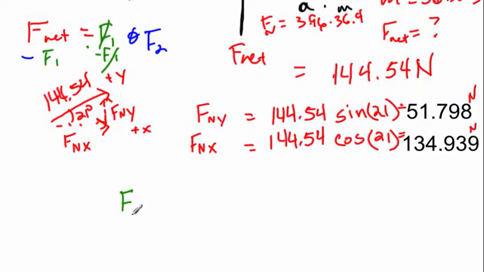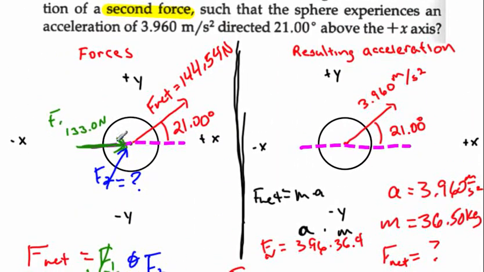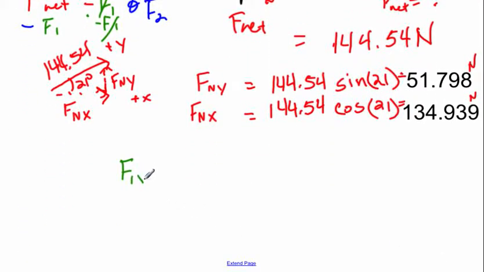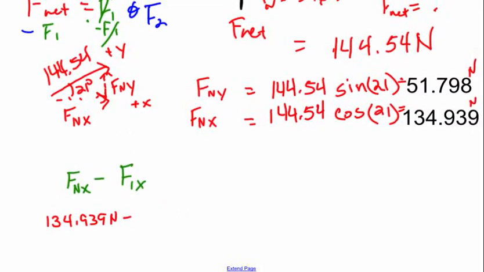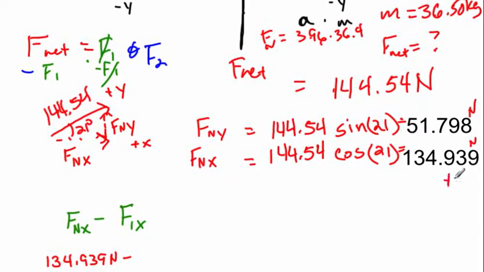So the one component of the first force is just in the, go back up here, X direction. It's just going to the right, just in the X. So make this X. And I'm going to subtract that from my net force, X component. So let me plug the numbers in. This was 134.939 newtons. I'm going to subtract, and that was in the, I go back, that's in the positive X direction.